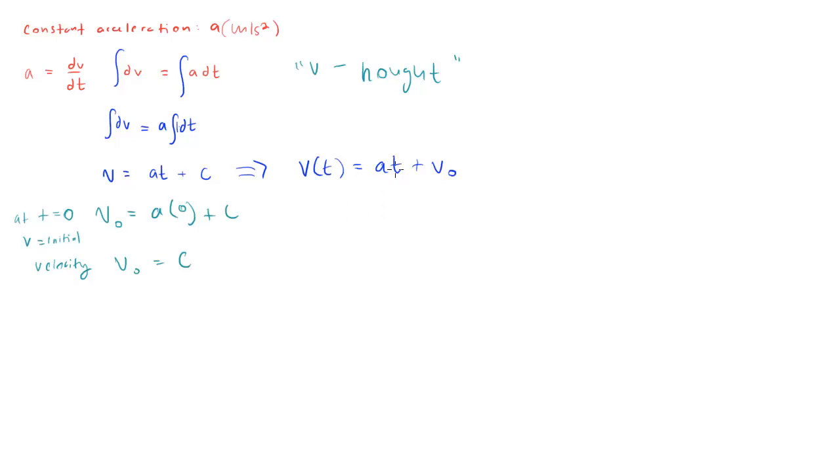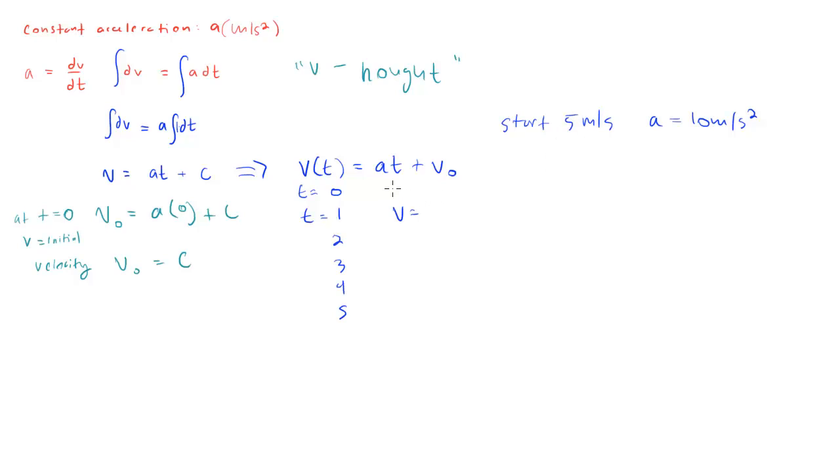If you start at 5 meters per second and your acceleration is 10 meters per second squared, then at time equals 0, you haven't had any chance to accelerate yet.